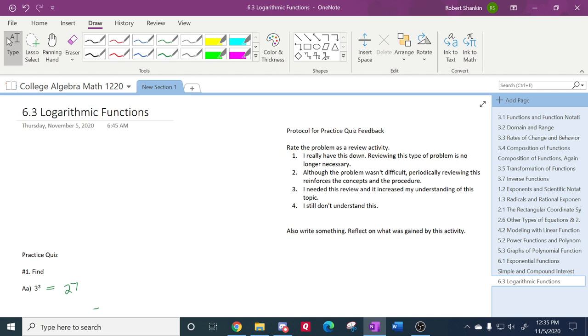Number 2, although the problem wasn't difficult, periodically reviewing this reinforces the concepts and the procedures. Number 3, I needed this review, and it increased my understanding of this topic. And number 4, I still don't understand this. And then also I'm going to ask you to write something, reflect on what was gained by this activity.